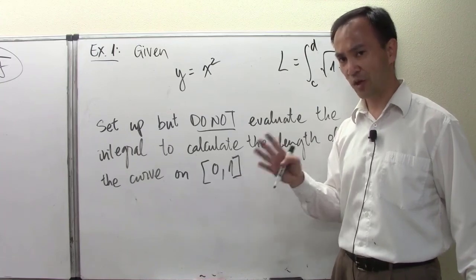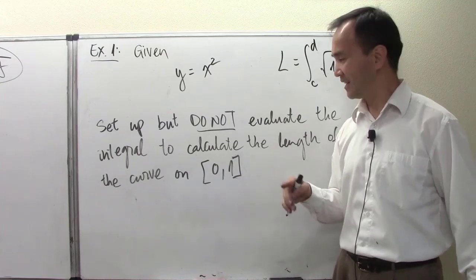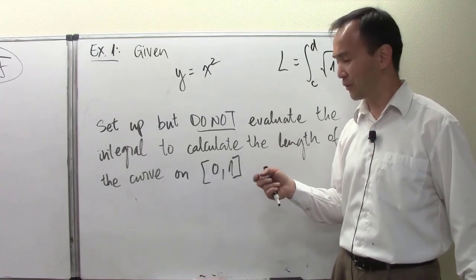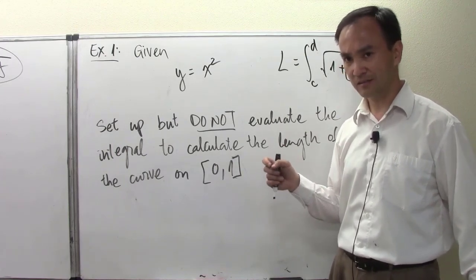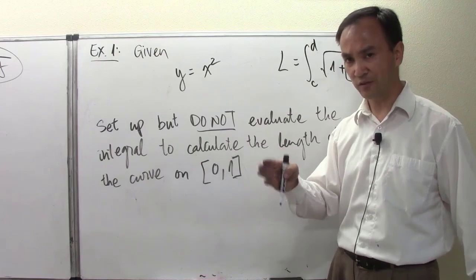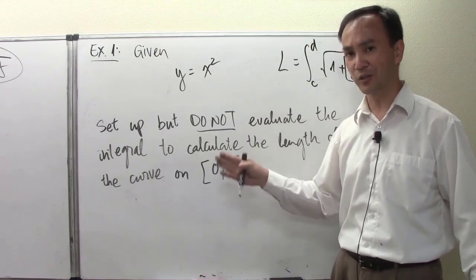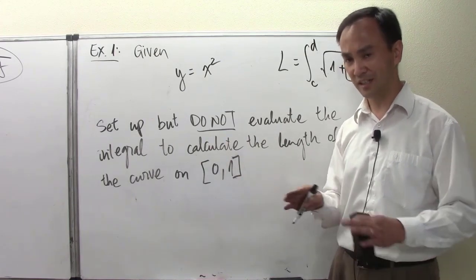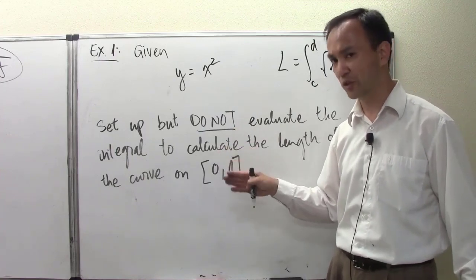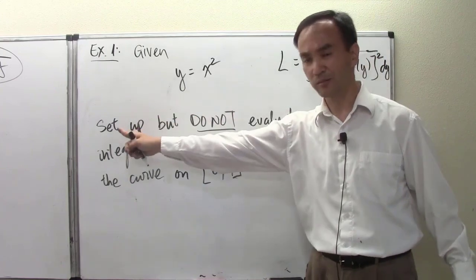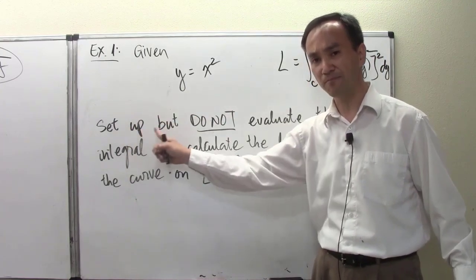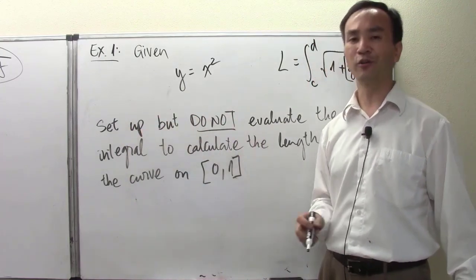In case your course is not structured to learn about the trig substitutions, or secant square, secant cube, or how to find the antiderivative of secant cube prior to doing this kind of problem, then the problem will become very challenging, or to the point of impossible. And so watch out for that phrase that can save you a little bit, that you only need to learn how to set up but not evaluate the integral. Okay.